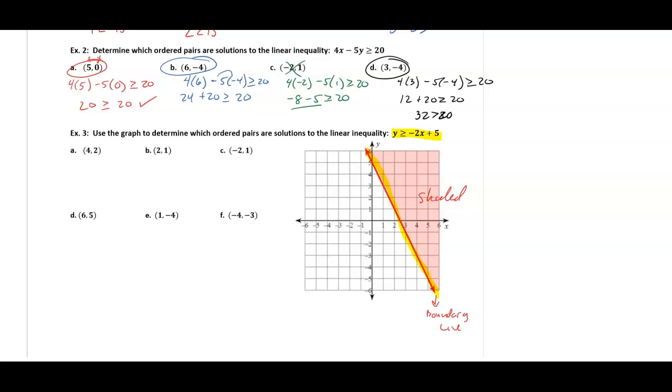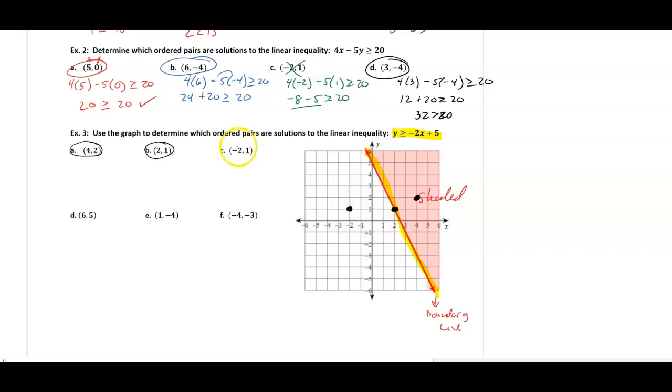So if I take the ordered pair 4, 2, if I plot it, does it land on the line or in the shaded region? Yes. Therefore, that would be a solution to the inequality. 2, 1. If I look, that's on the line. Since we're equal to, it's a solution. -2, 1.